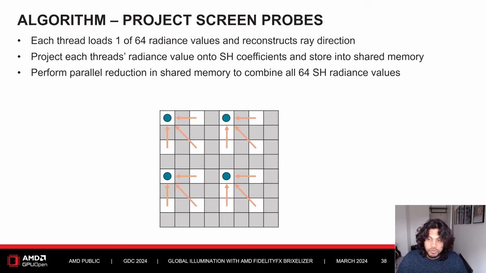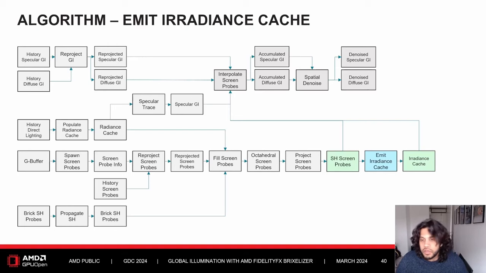Second iteration uses 2x2 threads with a stride of 4. And the final iteration uses a single thread that gathers the remaining 3 values. Now, the screen probes are in a format that can be easily accumulated into the irradiance cache.